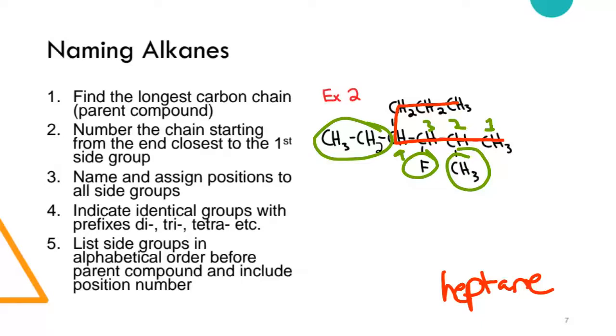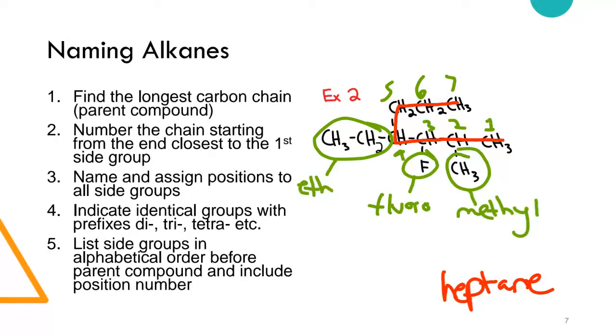Now I need to name these side groups. What's this first one? It's a methyl group. This one should be fluoro. Did I spell that right? Yeah. And then this one should be ethyl, right?